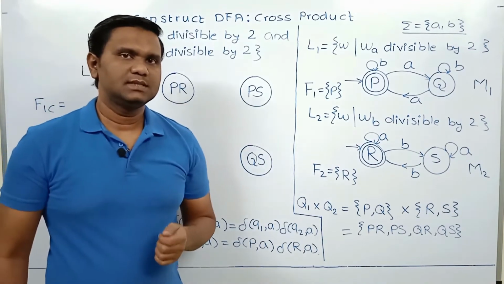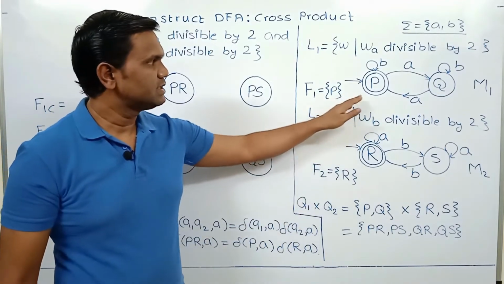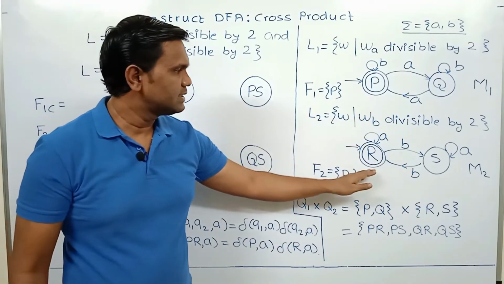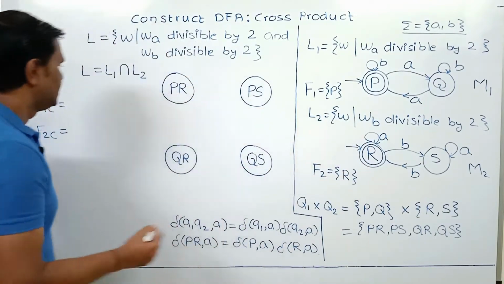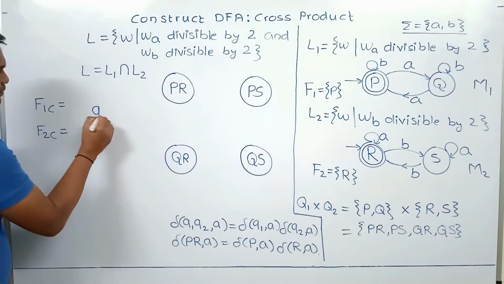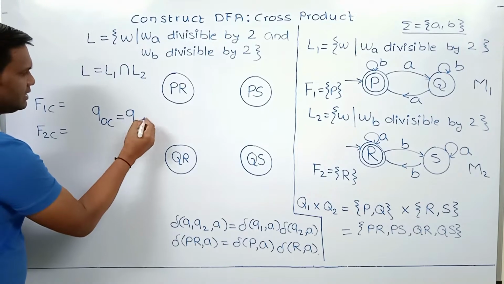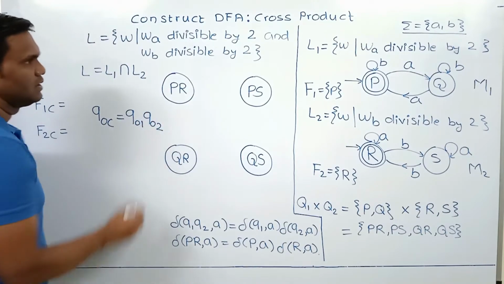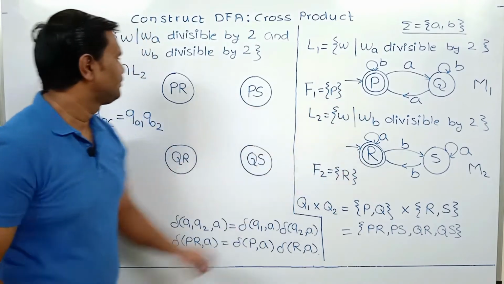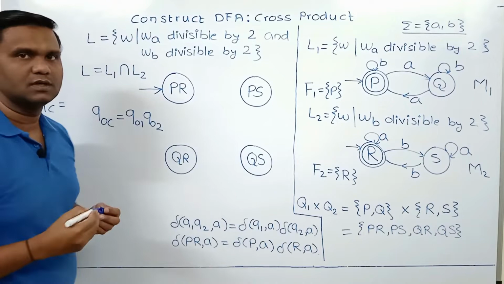Now the next tuple is initial state. For initial state we consider initial state of M1 and initial state of M2 to get initial state of cross product. So initial state in cross product is initial state in DFA 1, initial state in DFA 2. So it is PR. So PR is initial state in the cross product.